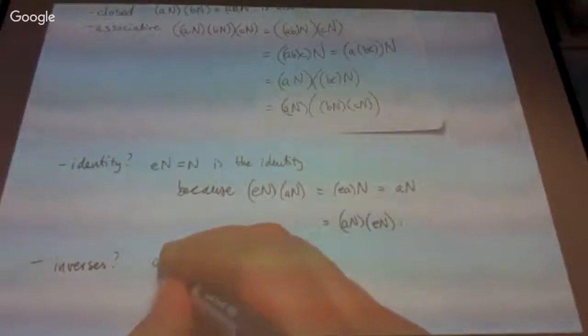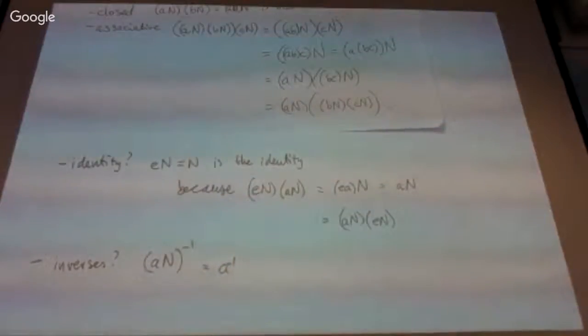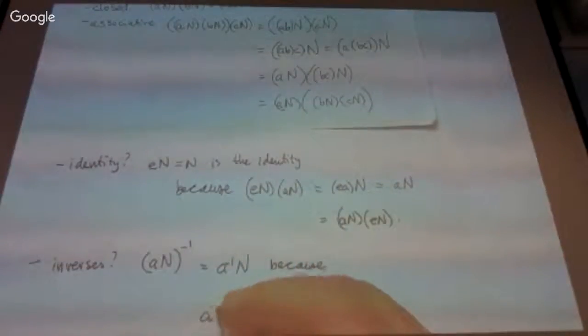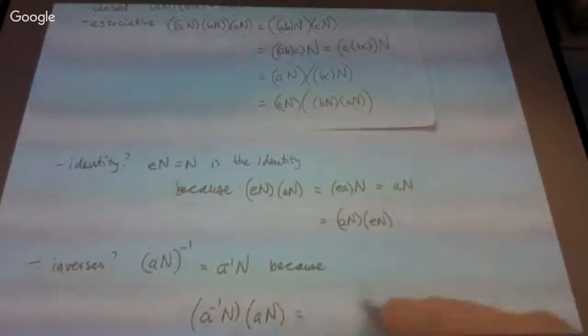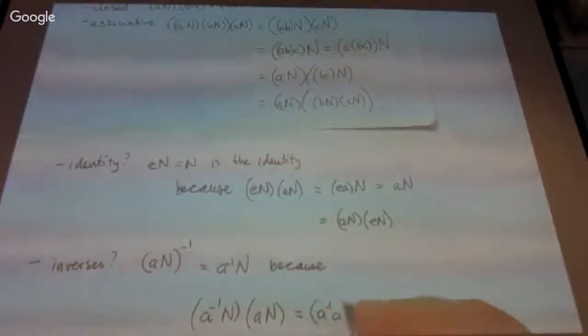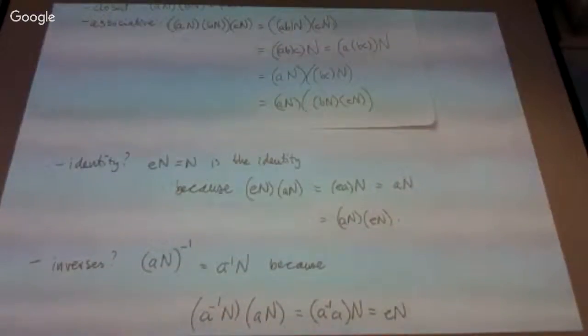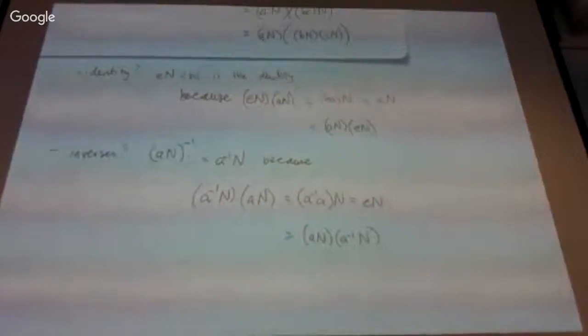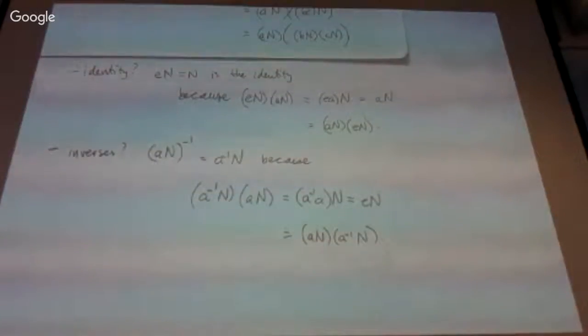If you have this coset, its inverse is you invert the element and take its coset, and then you multiply this by that, you get, and that's the same thing again going backwards, so this is the same as AN. Okay, so this shows that it indeed is a group.